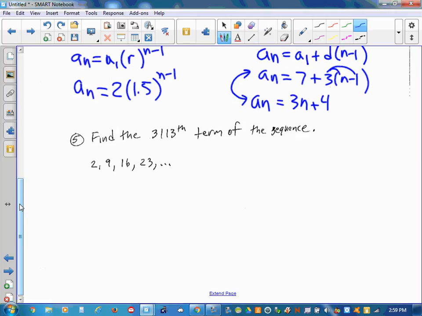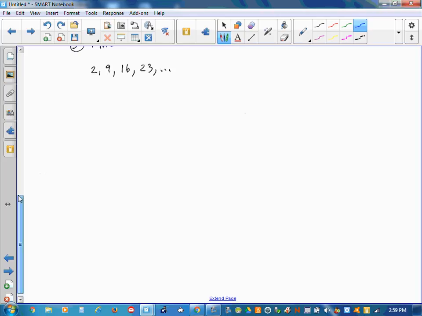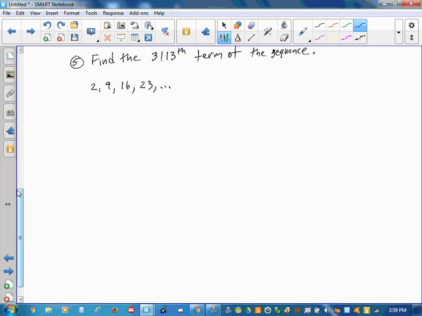All right, now I asked you to find the 3,113th term so you wouldn't sit there and push the button on your calculator over and over again. So this is screaming explicit, the explicit formula. What's happening each time? We are adding 7 each time, so the common difference is 7. So we have An is equal to first term plus d times n minus 1.